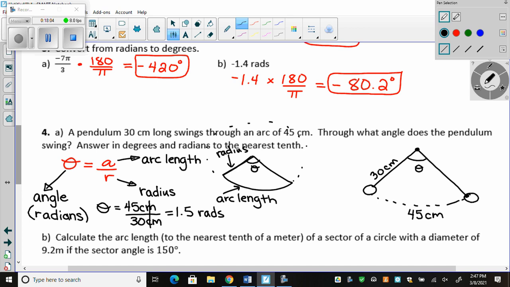Now, we have radians, we want to go to degrees, right? So radians to degrees, pi on bottom. So I'm going to multiply by 180 over pi. When you type that in, what do you get for theta? 85.9.